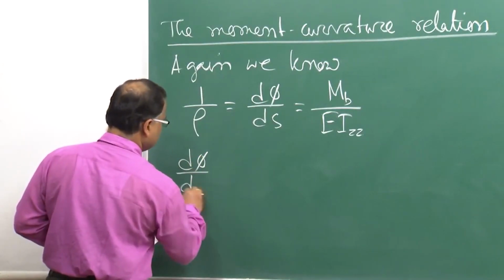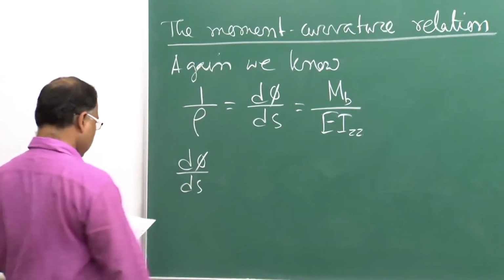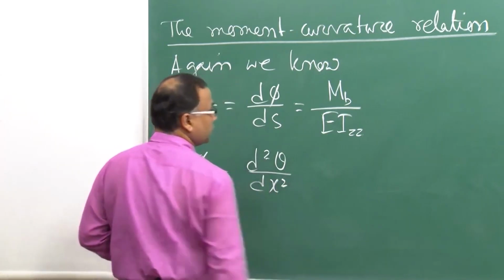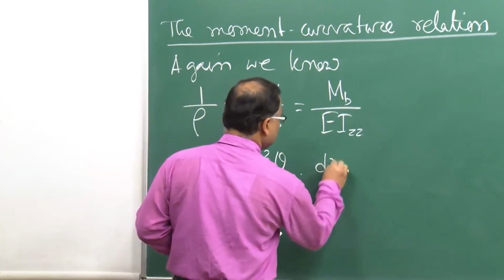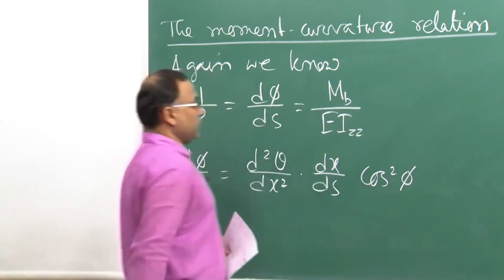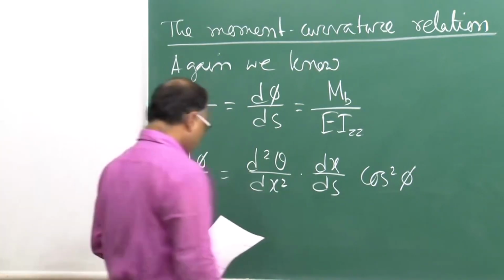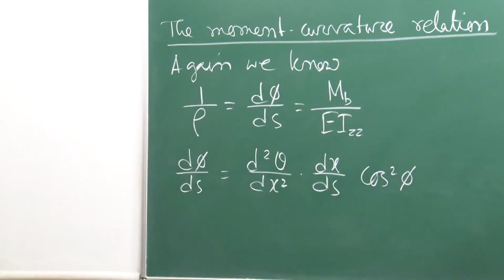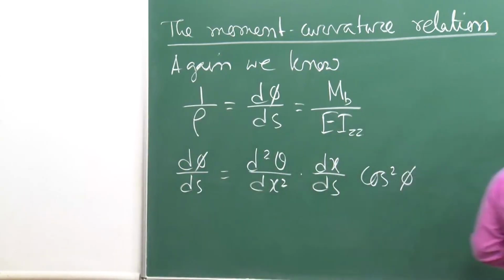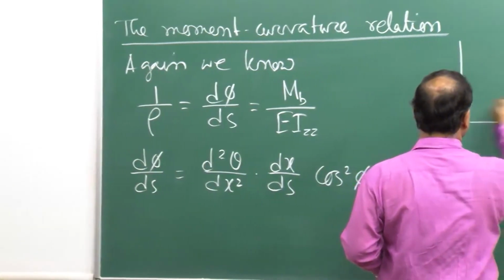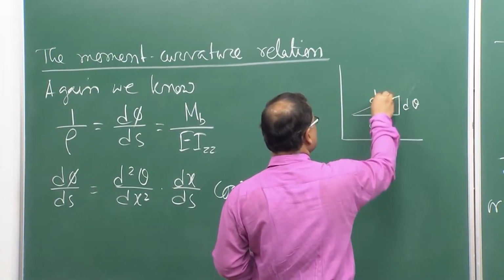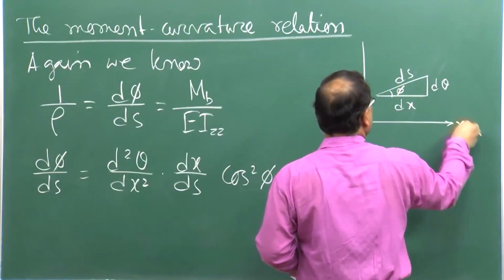So, d phi ds is equal to d2v dx2 times dx ds cos square phi. Now, from the figure I had drawn, this was your dV, this was your dx, and this was your ds, and this is phi in the xy plane.